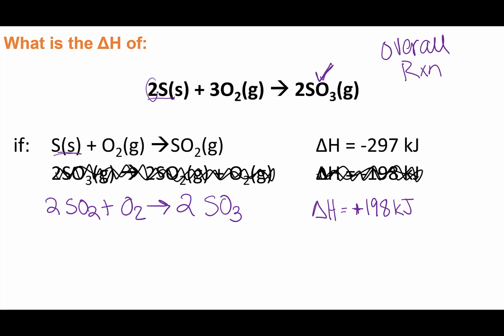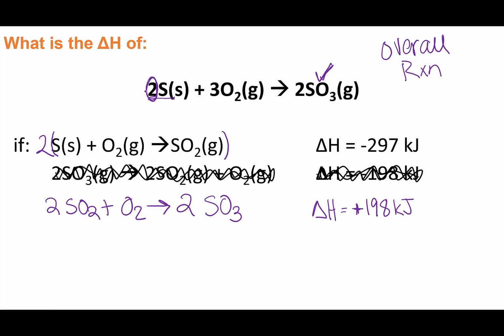But how many sulfurs do I need? My overall reaction has 2, but the step only has 1. So I'm probably going to have to multiply this step by a coefficient of 2, right? I need that to have 2. Okay.